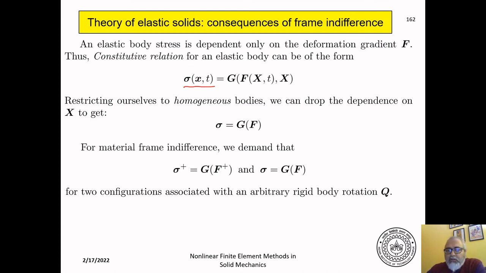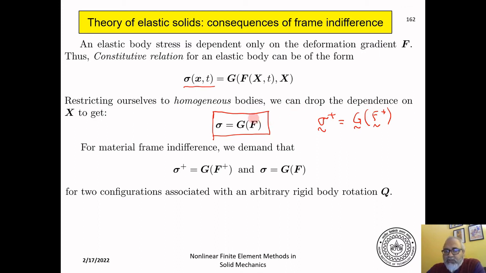So now if you look at this, let us also assume that this g does not depend on position. It's a homogeneous solid. So just for simplicity, think of the constitutive equation as sigma being dependent on the deformation gradient at that point. Now, material frame indifference would of course require that for the O plus observer, this is the constitutive equation.